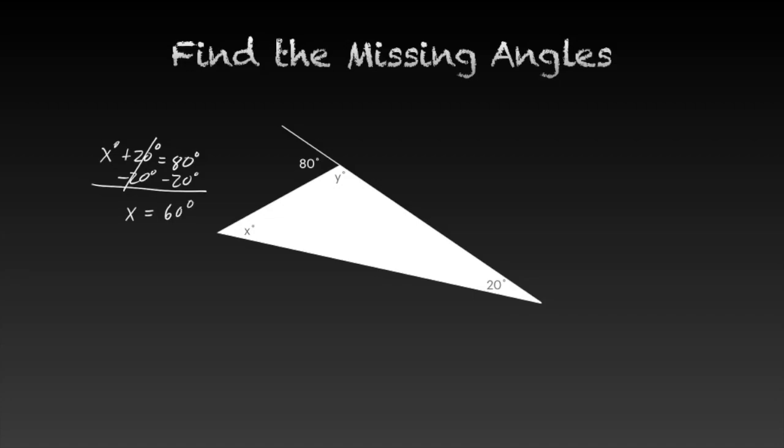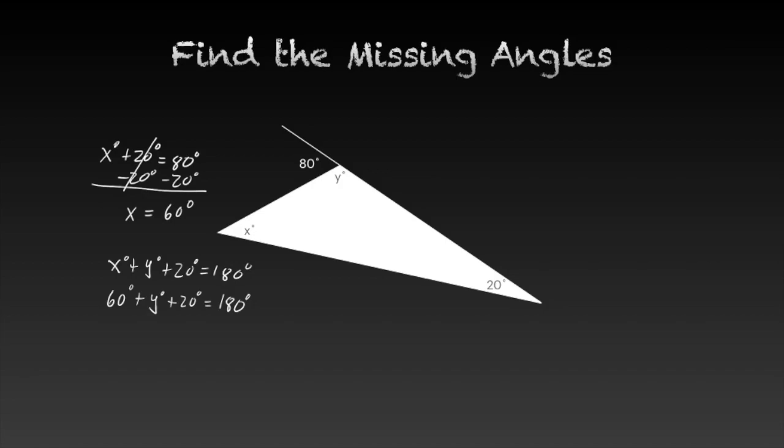Now, using that information, you know that when you add all the interior angles, that's going to give you 180. So we're going to do x plus y plus 20 degrees is going to give me 180. We already know that x is equal to 60 degrees, so I'm going to put 60 degrees instead. And just keep everything else the same.